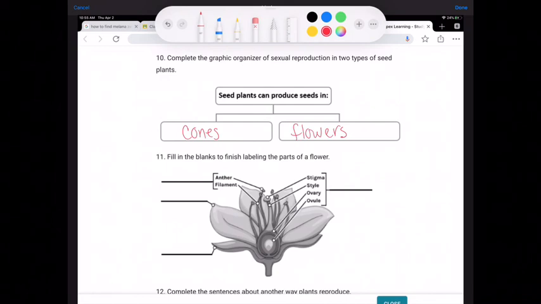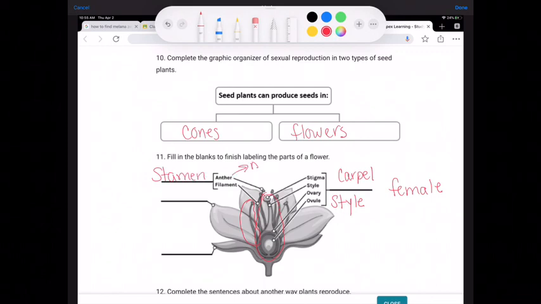So this piece here is the female part of the flower. The reading you did calls it the carpel. It could also be called the style, and that's the female part. Now this piece here, they're pointing to it over here, but I drew, so it's a little hard to see. But this part is the male part of the flower, and it contains the anther and the filament.